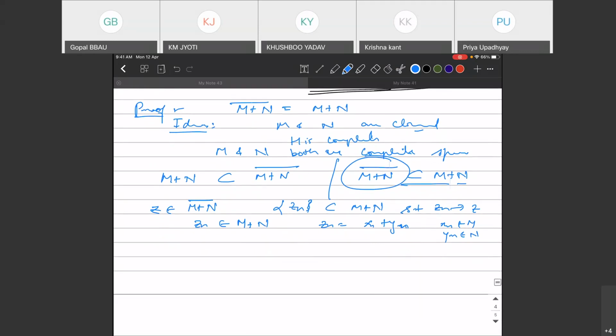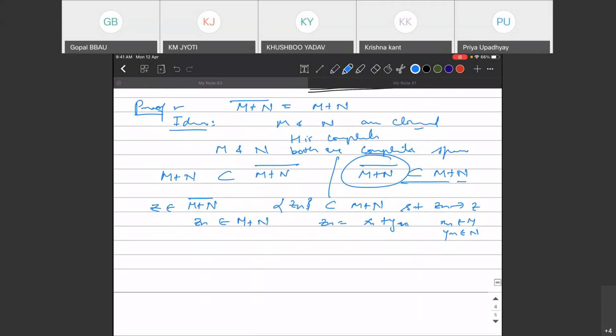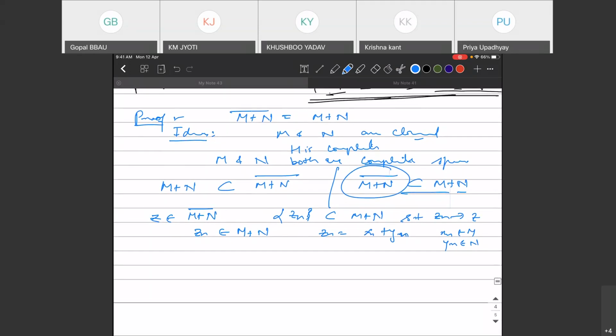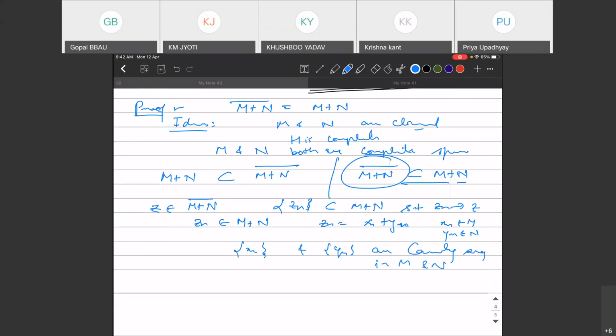Now use properties of inner product spaces. You have seen that when two things are perpendicular, then you have the Pythagoras theorem. Use that theorem and prove that Xn and Yn are Cauchy sequences in M and N. Okay, how do you see this?